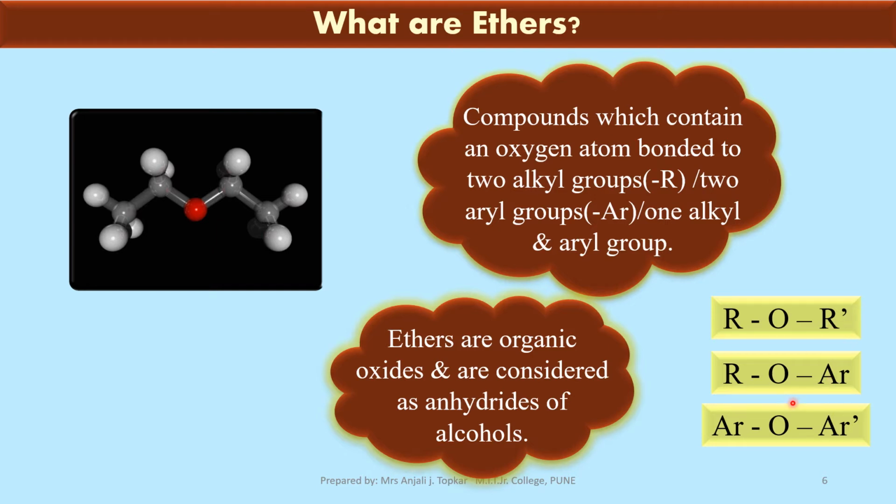Here we find on one side the valency of the oxygen atom is satisfied by an alkyl group and on the other side it is satisfied by an aryl group. Whereas in this third case we find both are aryl groups attached to the divalent oxygen atom, but they may be different. One may be substituted, possibly.